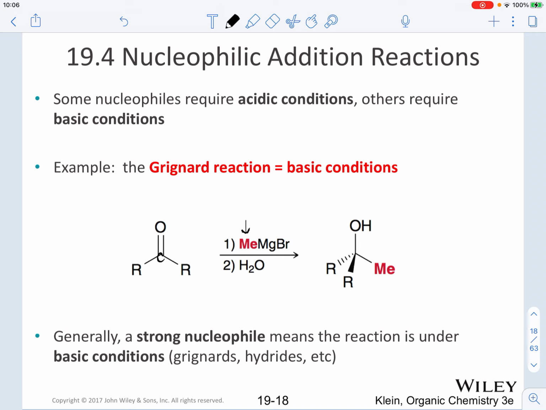The result of this reaction, as you can see, is going to be an alkylated alcohol. So in general, understand that a strong nucleophile means that the reaction is going to be under basic conditions. Examples of those strong nucleophiles include Grignard reagents and hydrides, to just mention a few.